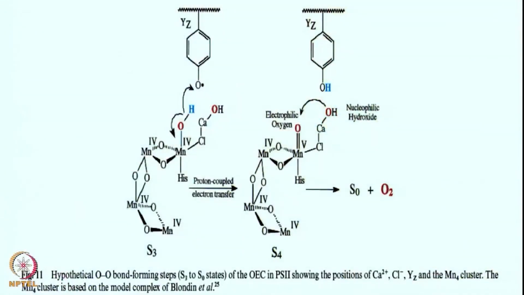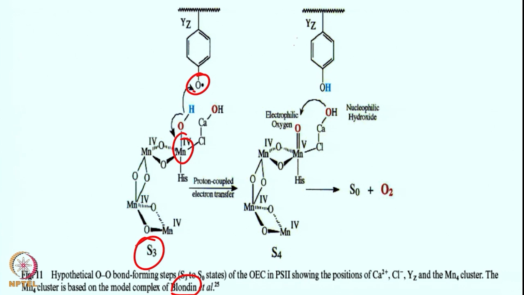There is another exciting twist in this business, and that is the formation of the oxo radical from the tyrosine unit, which is proposed in some of the cases. In the case of Blondin, this is the oxyradical which is responsible for hydrogen atom abstraction from this manganese hydroxo species in S3. I think this is quite fascinating, most likely to be true, but who knows what is happening.